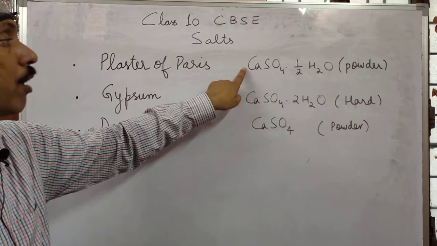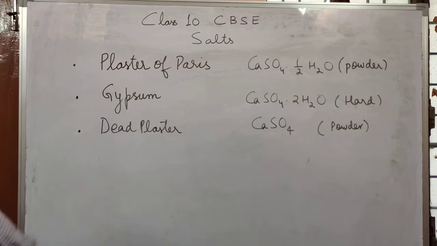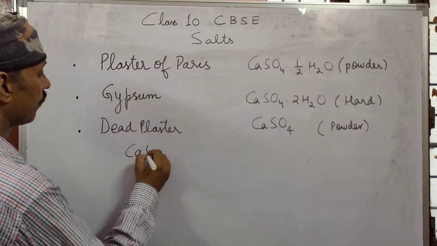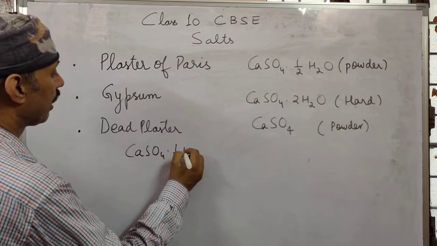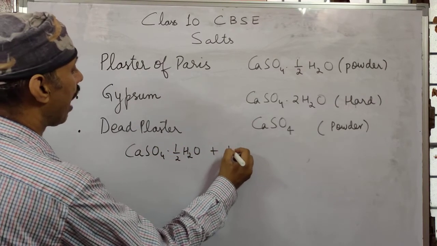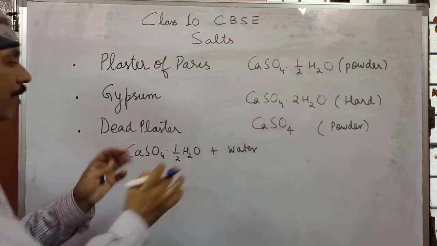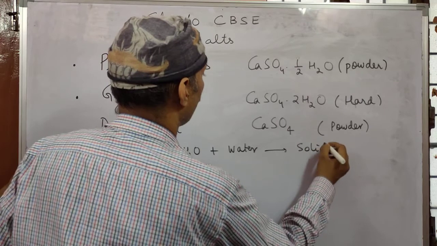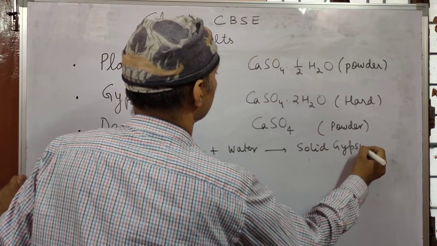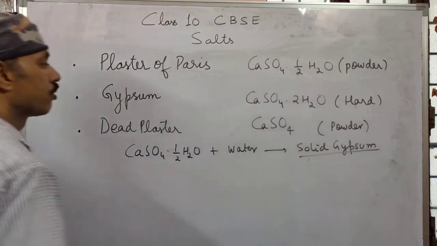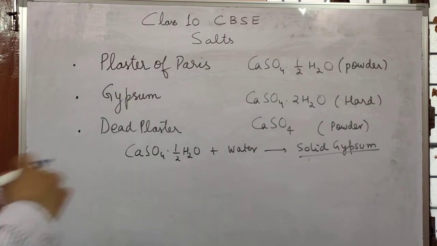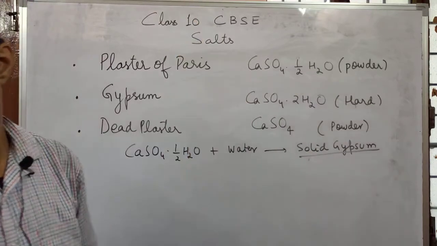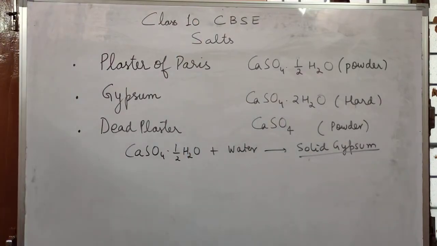The property of this powder is if you add water to this CaSO4 half H2O and mix it properly, after some time you will see the formation of solid gypsum. Now this solid gypsum is used for bandaging the plasters, making small toys, plastering. This is what is done.